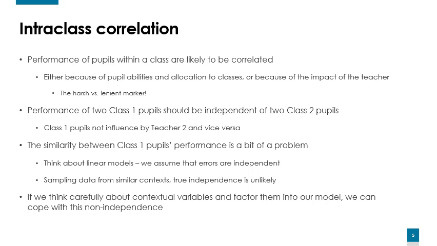So what we might expect to find is that there's a similarity between the pupils in class 1. That similarity is maybe a bit of a problem, and when we go back to think about linear models, we assume that any errors in the model are independent, and sampling data from similar contexts, i.e. taking pupils from the same class doing the same test, true independence is quite unlikely in that scenario.